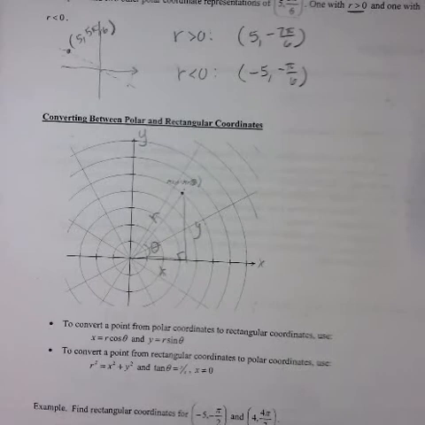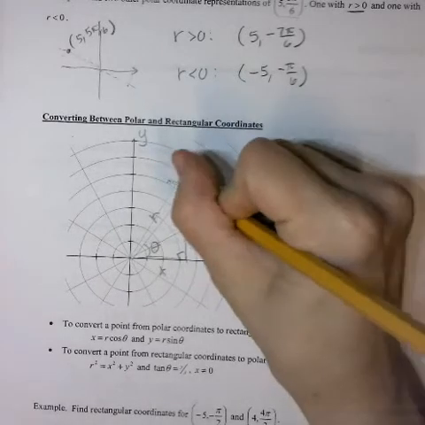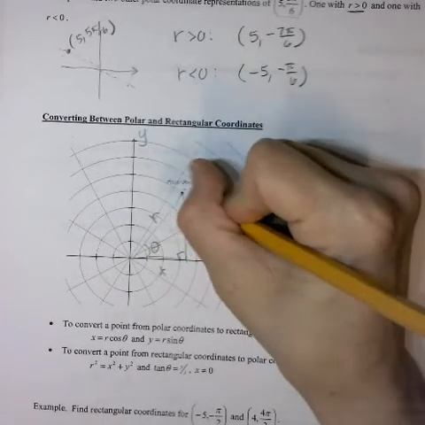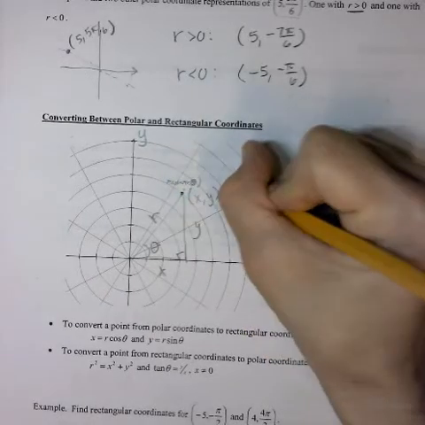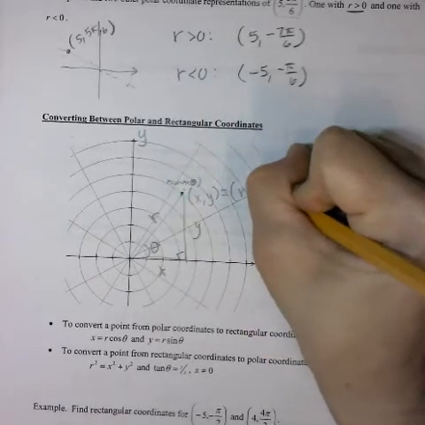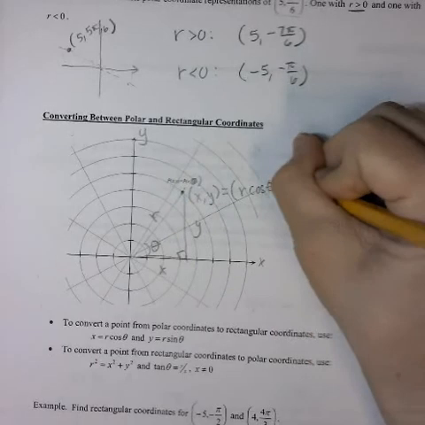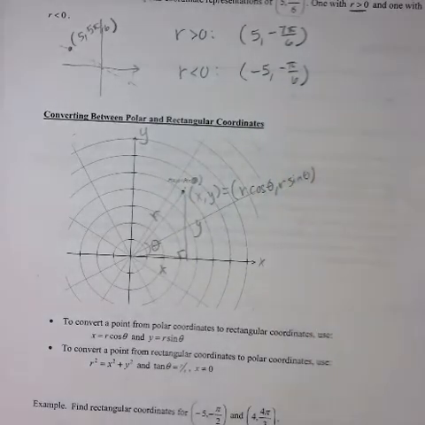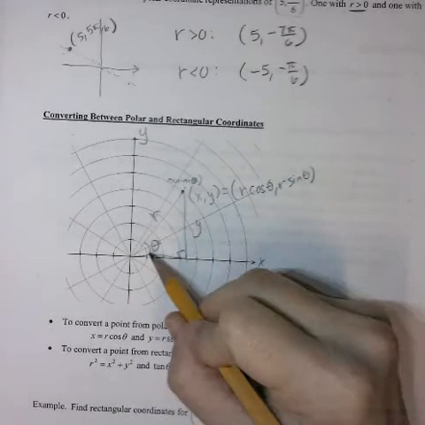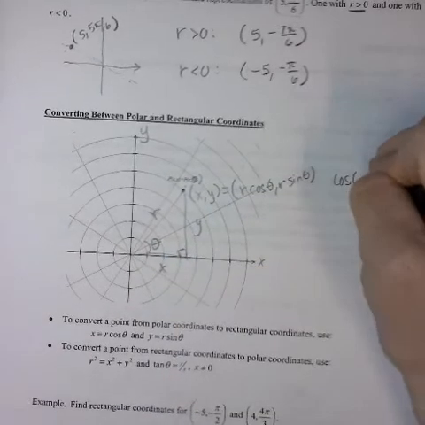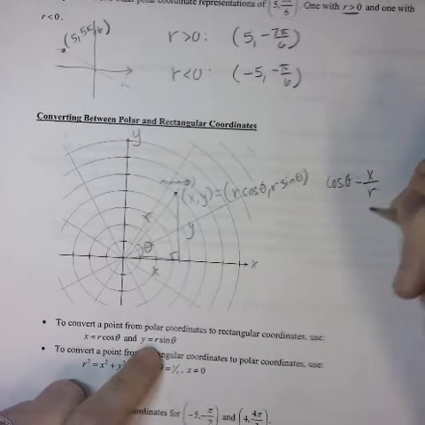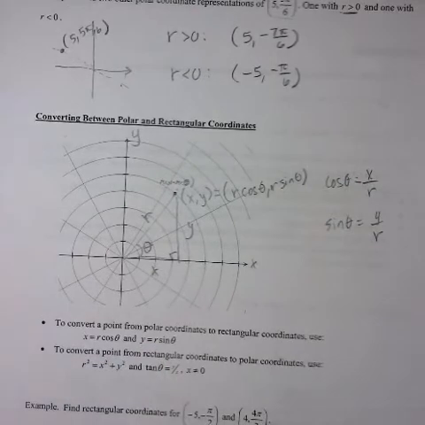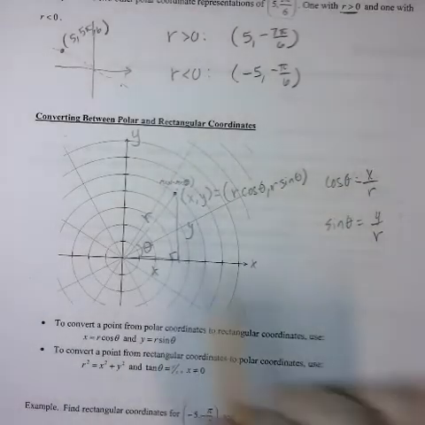And so of course, the coordinates of these points, x, y, we've derived this before. X is equal to r cosine theta, and y is equal to r sine theta. The cosine of theta is x over r, and the sine of theta is y over r. We've done that before many times.